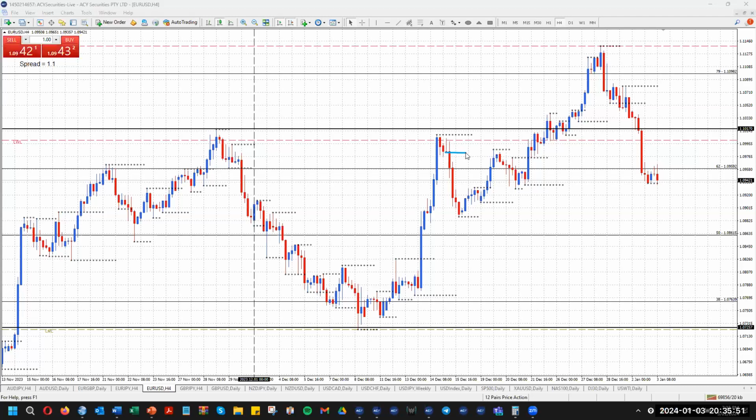Could have just entered the break of the candlestick low, stop above the high. Now it doesn't trade all the way down, but it does go into profit before, of course, moving further higher. So this is really a failed retest. It retests, holds for a while, and then continues up.